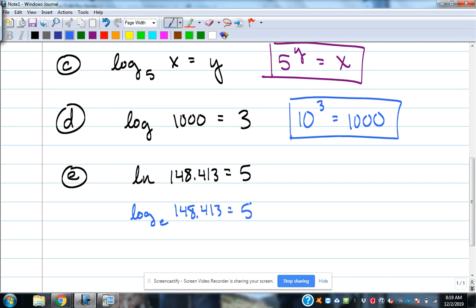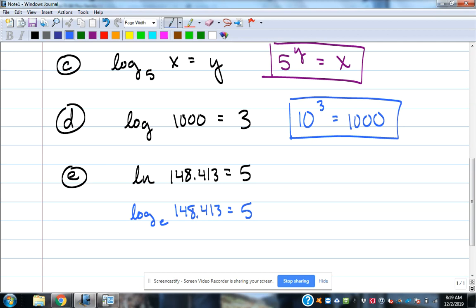Is that why on the calculator it puts in an E? The lowercase e is the exponential number. So natural log is log base e. They're always going to write it ln, but in your brain, think ln means this.